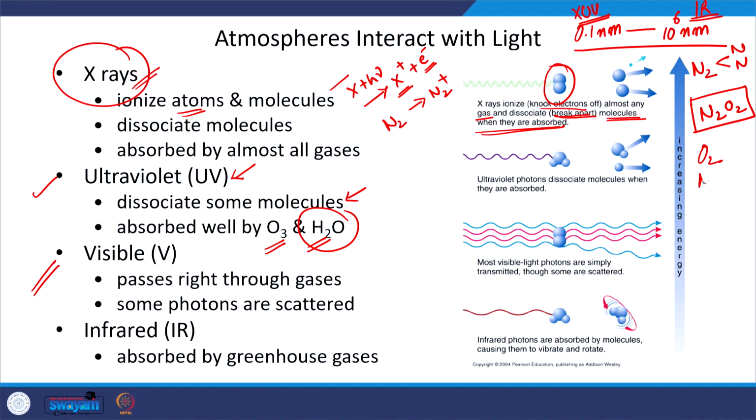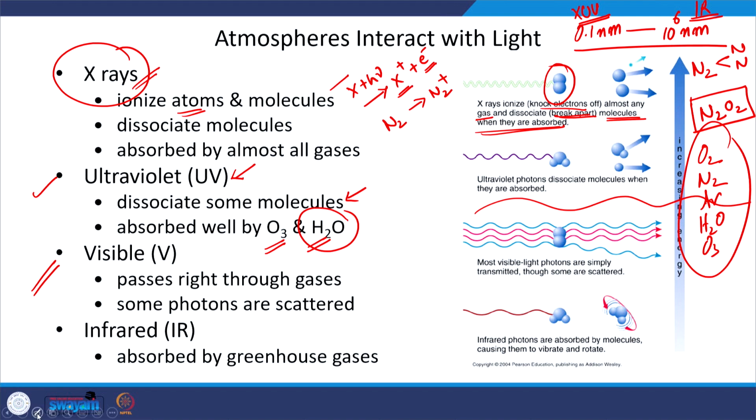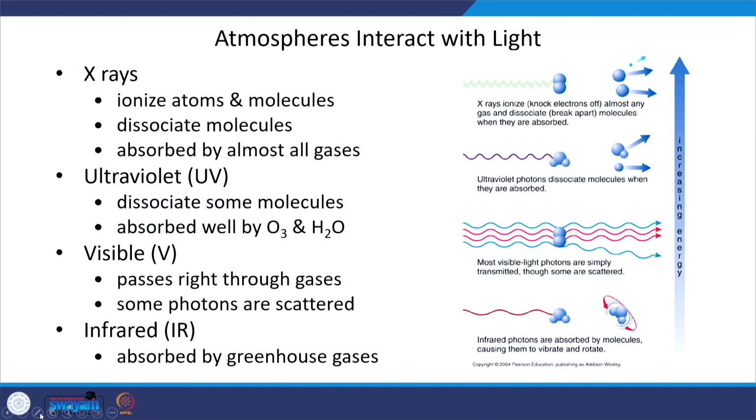It so happens that visible radiation is never enough for this transition of the most important species, which are oxygen, nitrogen, argon, let's say H2O, O3, right? As a result, the entire atmosphere is simply transparent for the visible radiation, and some photons are scattered. This is a different thing.